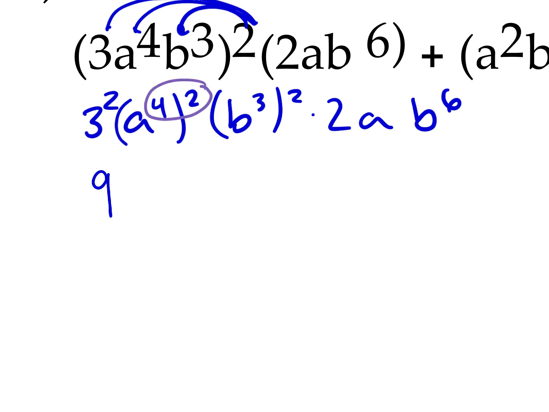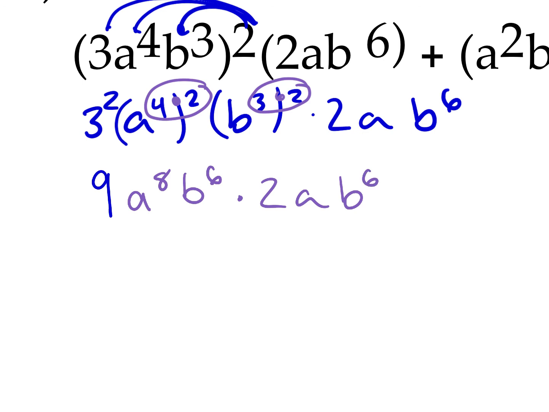What do I do to the exponents? Multiply. So a to the 8th power. Same thing with the b. I multiply the exponents. When you have a power to a power, you multiply. So times 2 times a times b to the 6th power. What else can I do? So 9 times 2 would be 18.